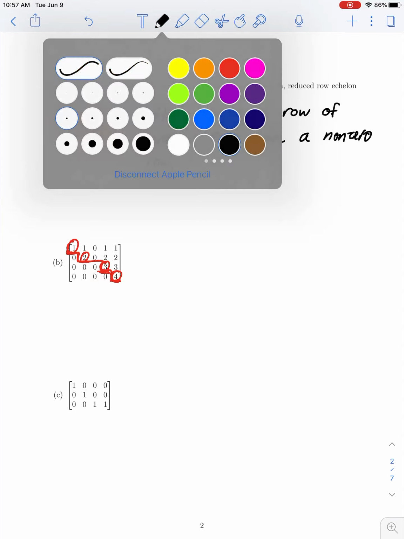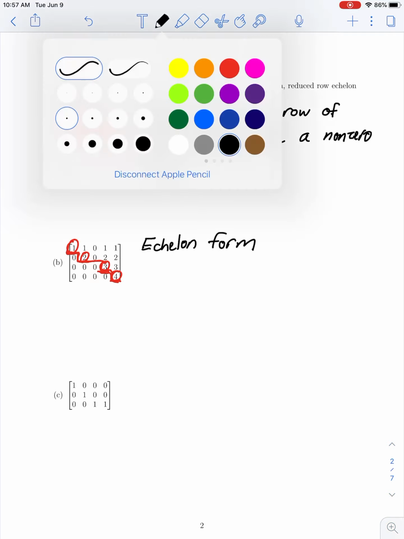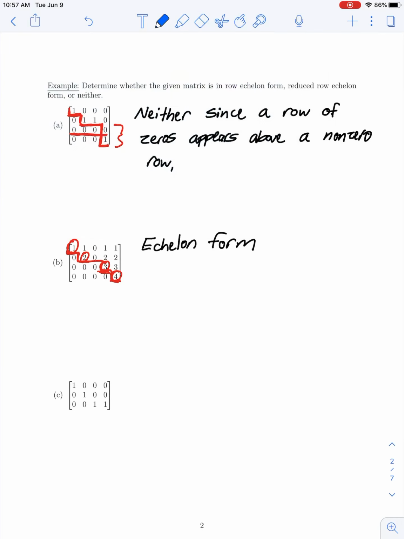So let's start by saying that this matrix is in echelon form. Now the question is, is it in reduced echelon form? And we can see here pretty quickly that it is not. One reason that this is not in reduced echelon form is that we have leading entries which are not 1. Recall, for reduced echelon form, each leading entry has to be 1.